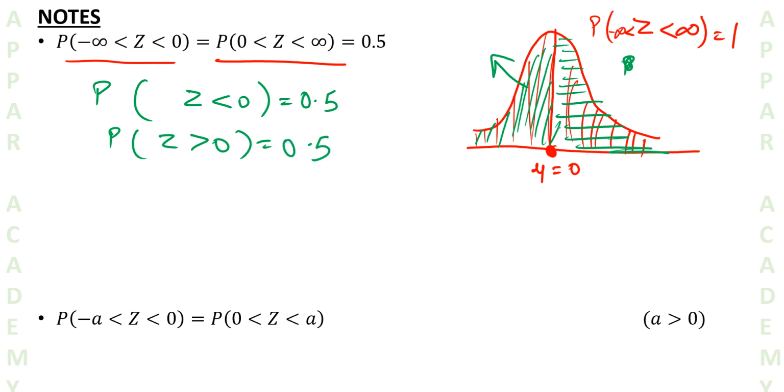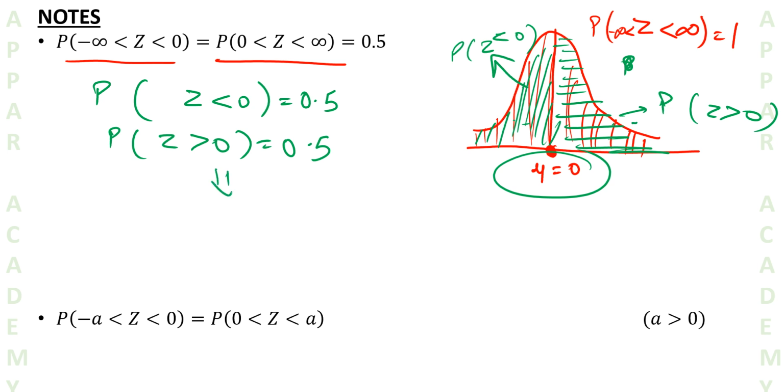Why? Because it's dividing the curve into two equal parts at 0, so these two parts are equal. So this represents the probability that z is less than 0, and this represents the probability that z is greater than 0. And z less than 0 means the probability that z lies between minus infinity and 0, and z greater than 0 simply means the probability that z lies between 0 and infinity, right? And thus this is equal to 0.5, right?